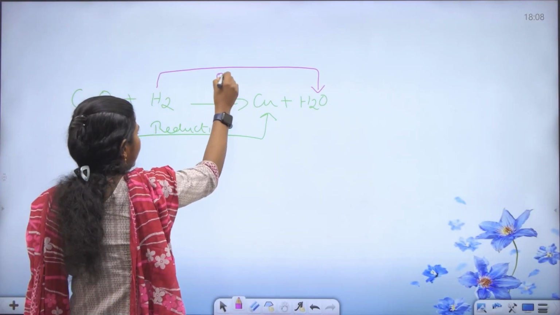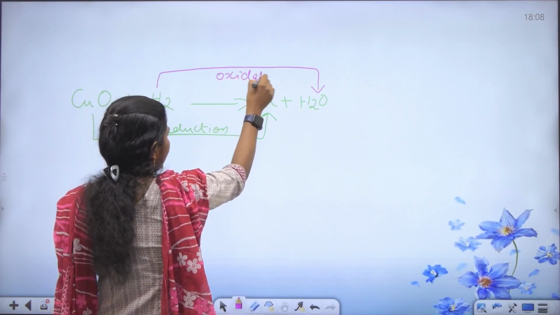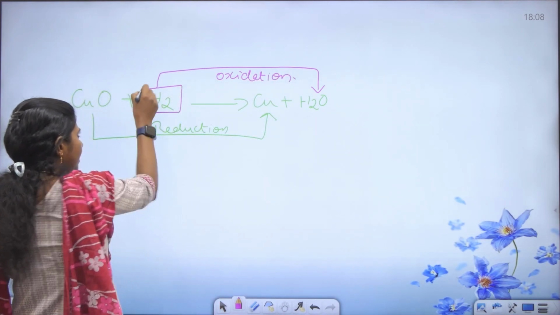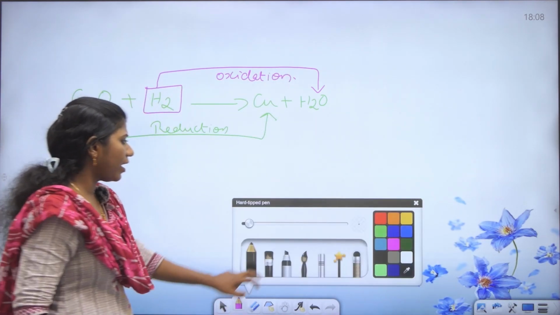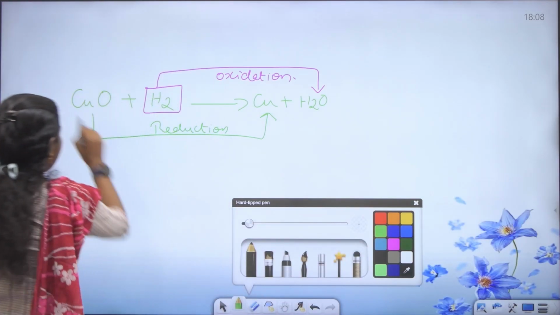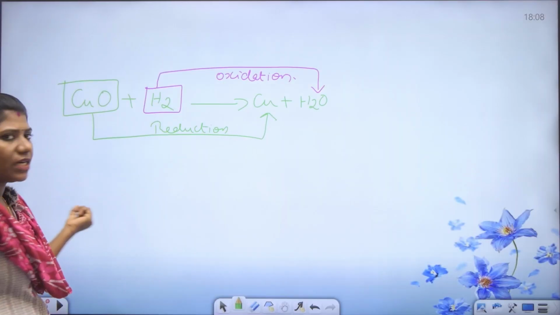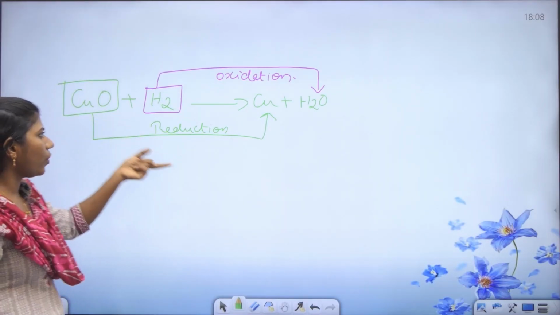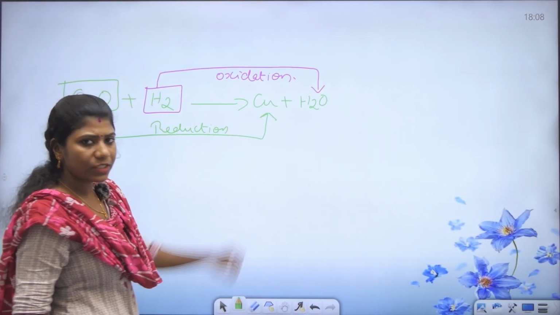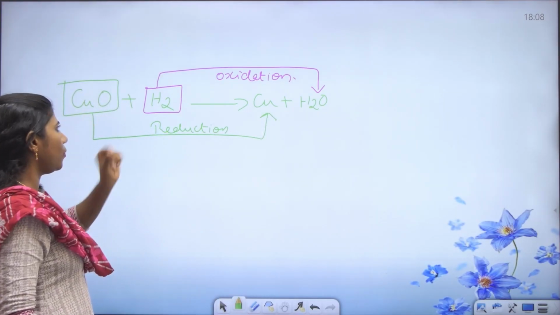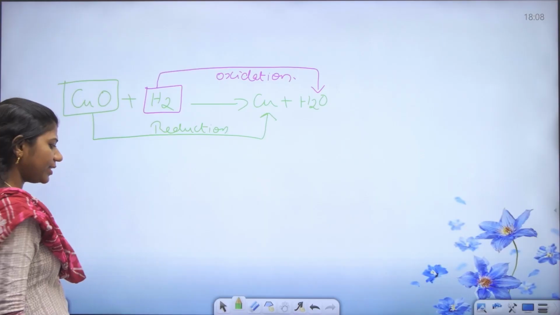Addition of oxygen is oxidation. The oxidized species is hydrogen and the reduced species is CuO. If the question asks for the products, the reduced product is copper and the oxidized product is water. The reduced species is CuO and the oxidized species is hydrogen, H2.